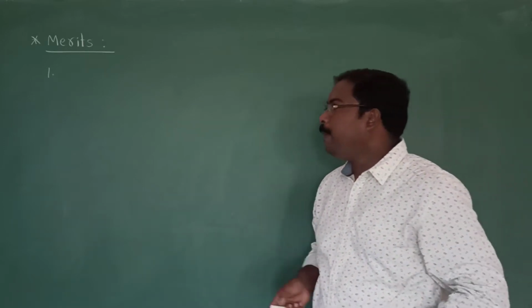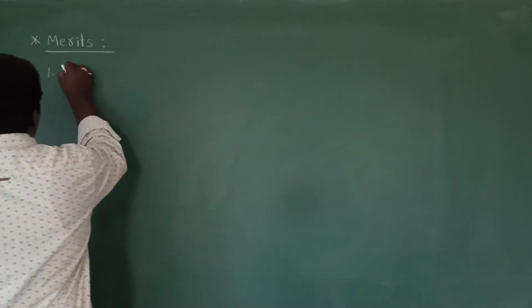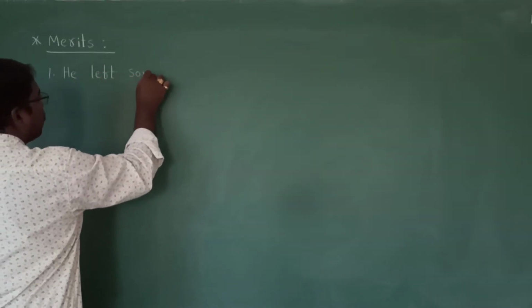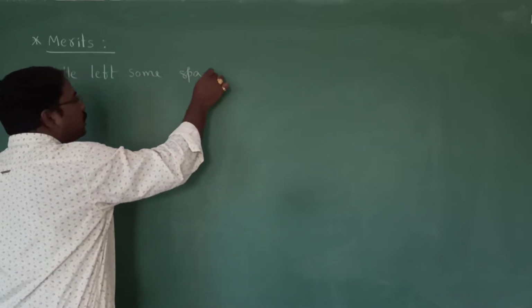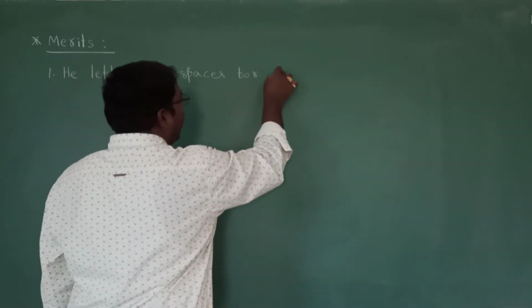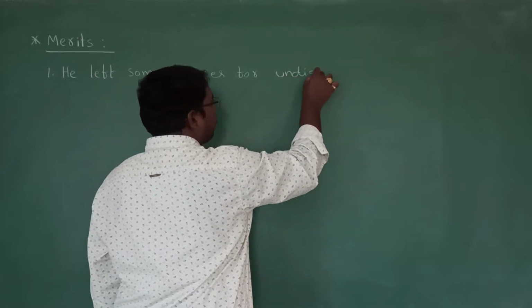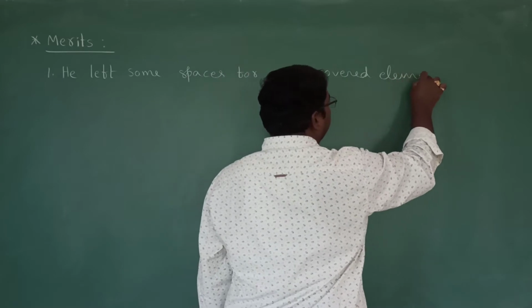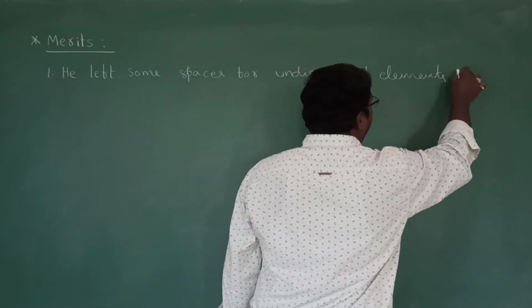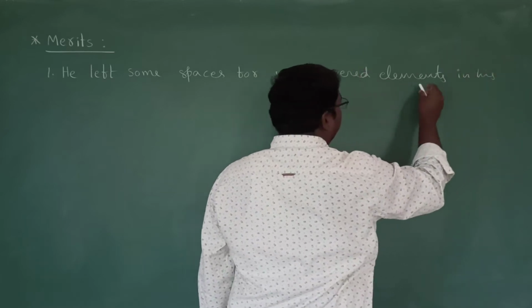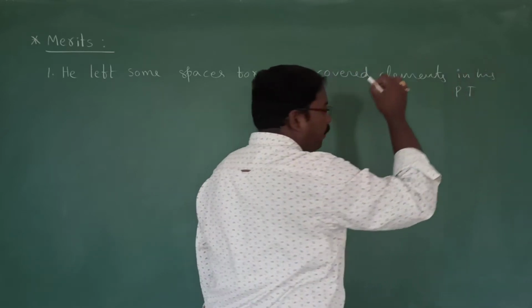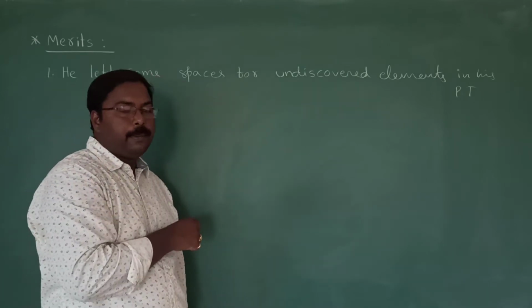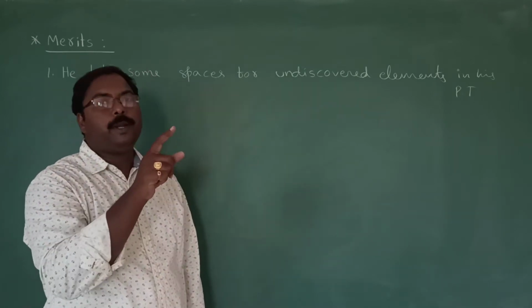So the main merit of Mendeleev is he left some spaces for undiscovered elements in his periodic table. Others failed to place the known elements in the table, but he placed all the known elements.